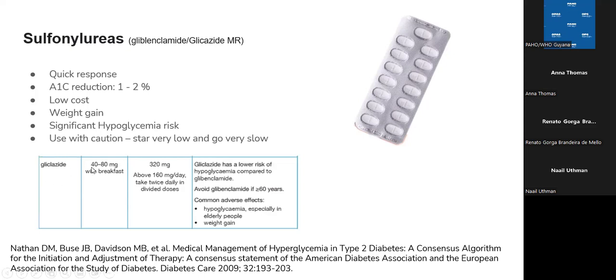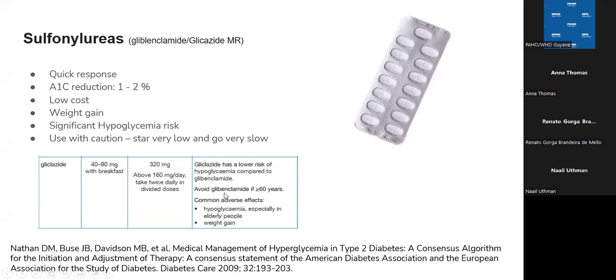You can start with a 40 milligram dose with breakfast and increase it slowly until 320 milligrams. Gliclazide has a lower risk of hypoglycemia compared to glibenclamide, but it is not always available.